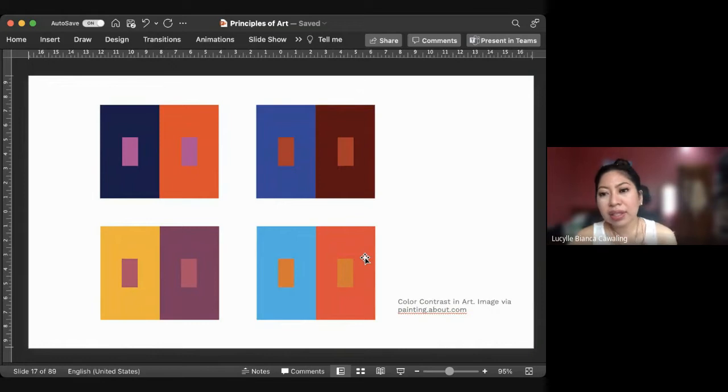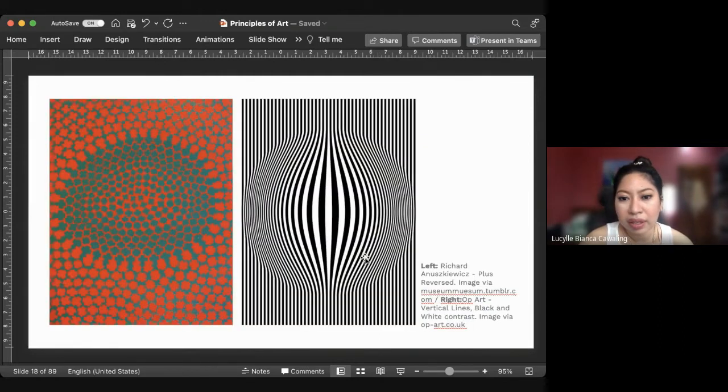And then this is another different color contrast by an art. And then this one naman is another kind of color contrast, but with lines, and how contrast could also give out optical illusion.